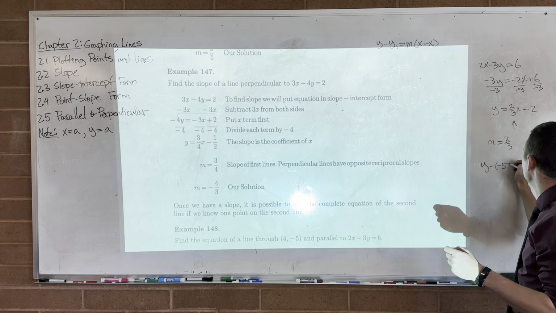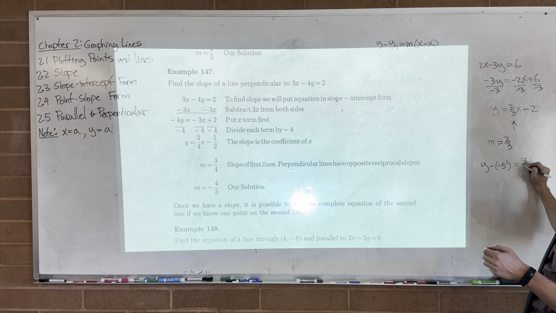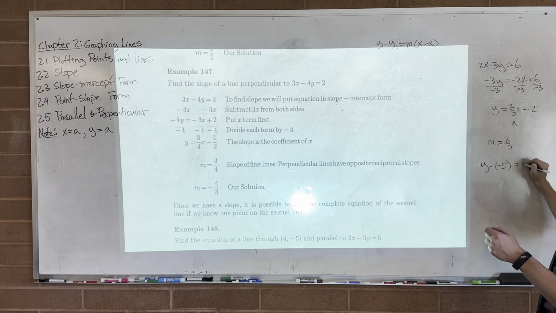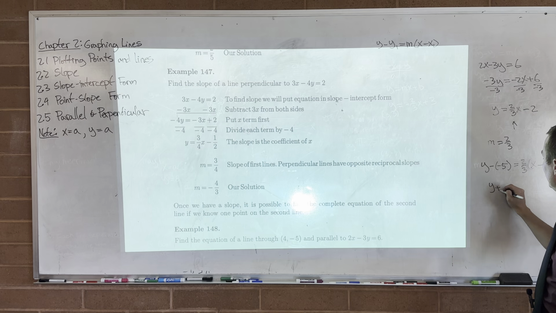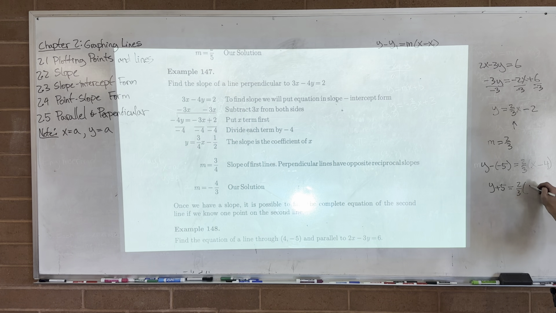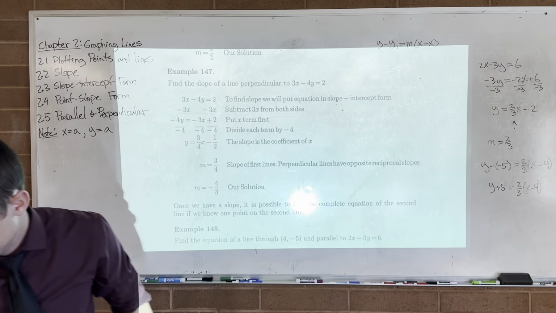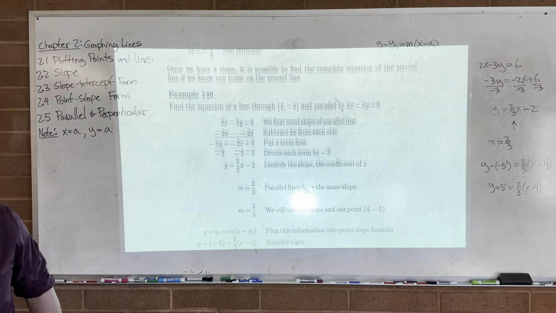Negative 5 is equal to m, 2/3, times x minus x1, which is 4. So minus 4. Wonderful. Y minus negative 5 is y plus 5, equal to 2/3 times x minus 4. They probably just leave it like this, I don't know. Y plus 5 is equal to 2/3 (x minus 4).